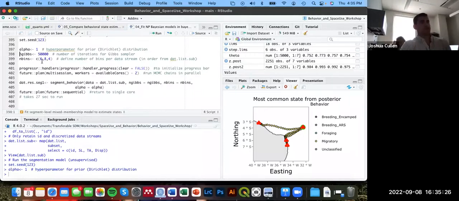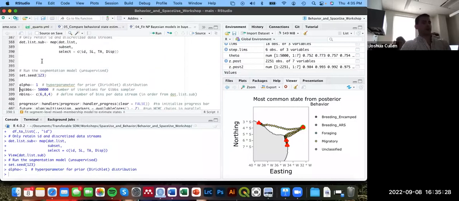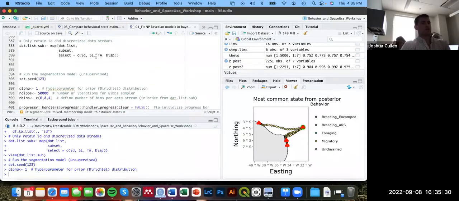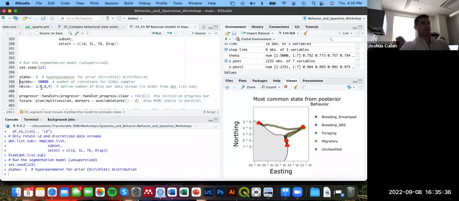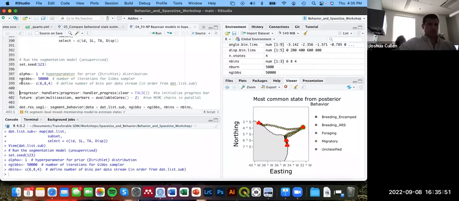This needs to be the bin number as these columns are placed in order. Since I have step length first, then turning angle, then displacements, I need to provide these numbers of bins in that order. So there's 6 bins for step length, 8 bins for turning angle, and 4 bins for displacements for this model. So I'm going to run those.